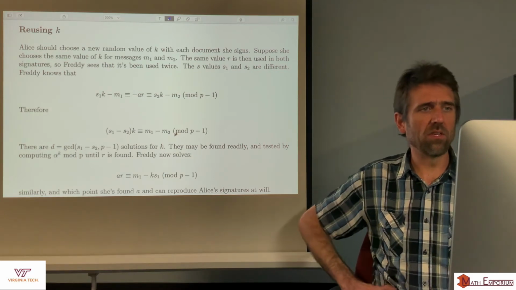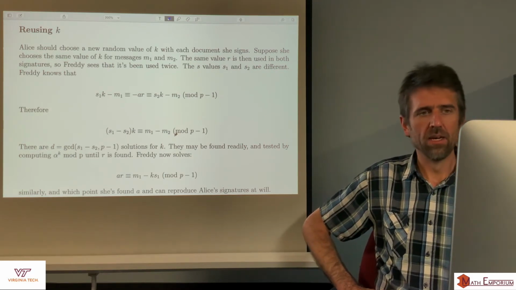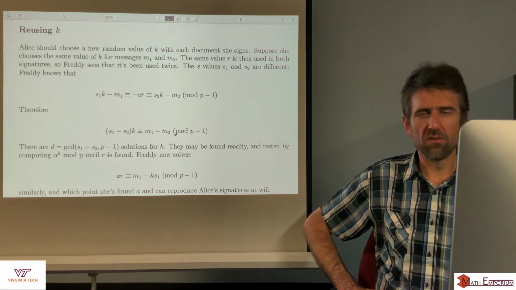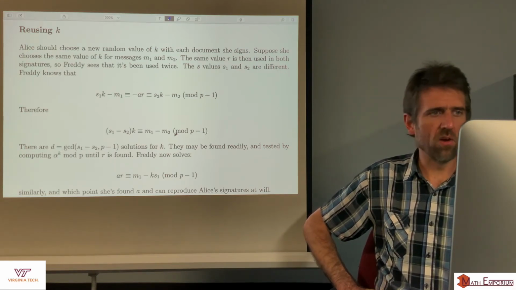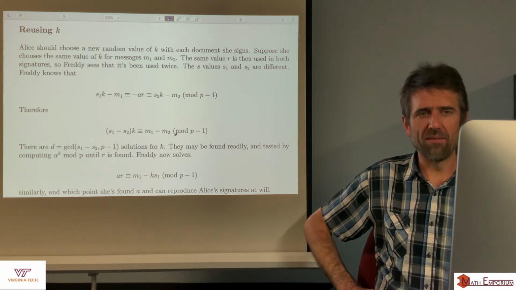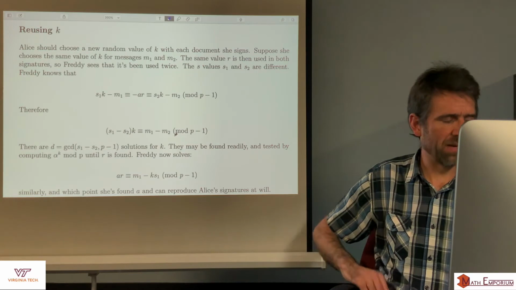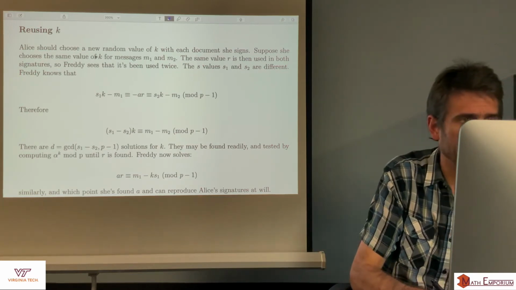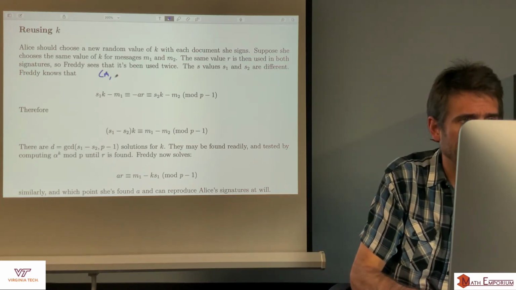Suppose that Alice uses the same value of k to sign two different messages, M1 and M2. Since the same value of k is used, the value of r is the same in both signed messages. The values of s, s1 and s2, will generally be different. So we'll have these two signed message triplets that look like this.